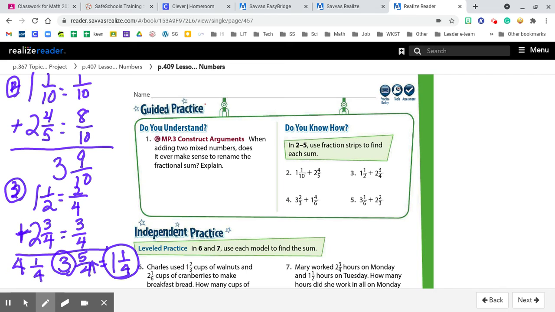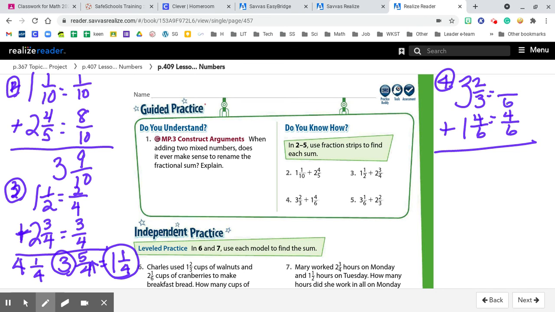Now I'm on number 4. 3 2/3 plus 1 4/6. Check out my fractions, check out my denominators. They're not the same, but 3 will go into 6, so I can leave that guy alone. Turn that guy into 4/6, and I did that because 3 times 2 is 6. 2 times 2 is 4. So now when I add, I have 8 6s.